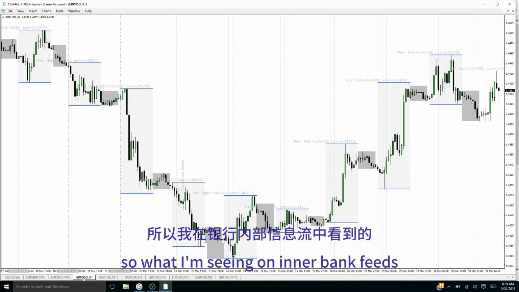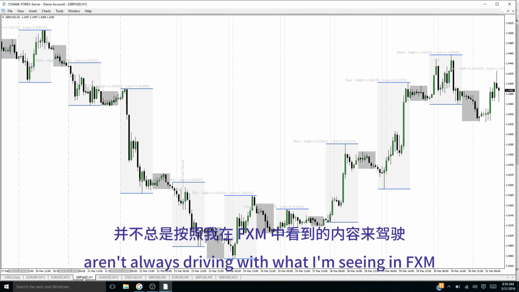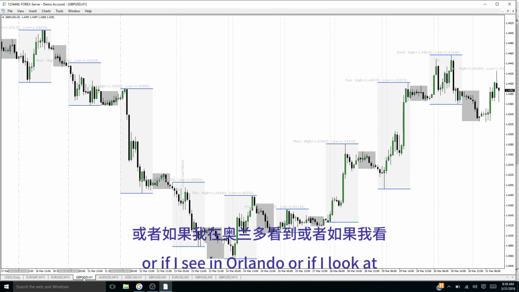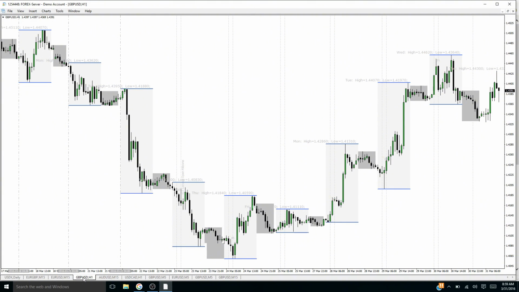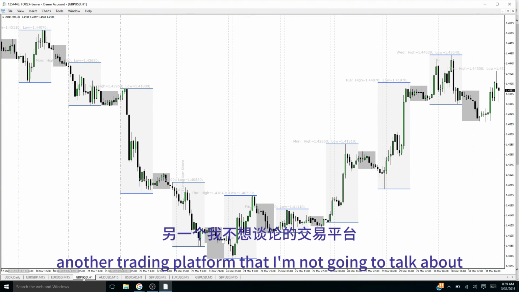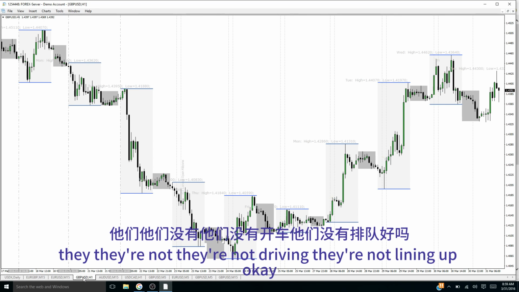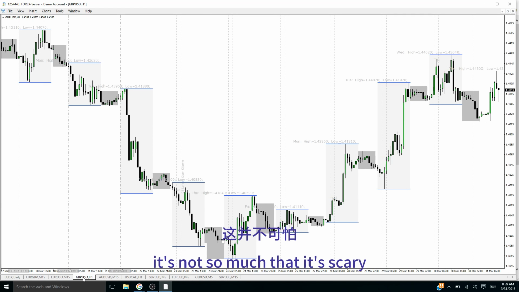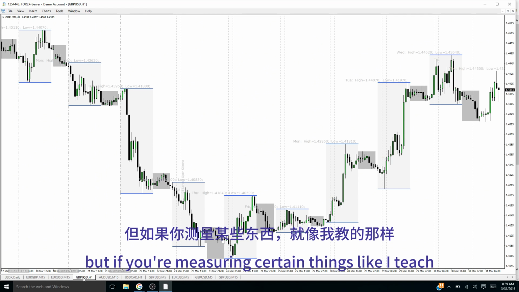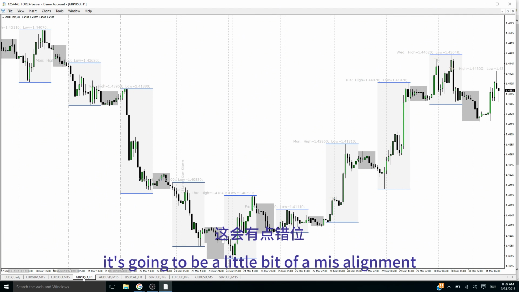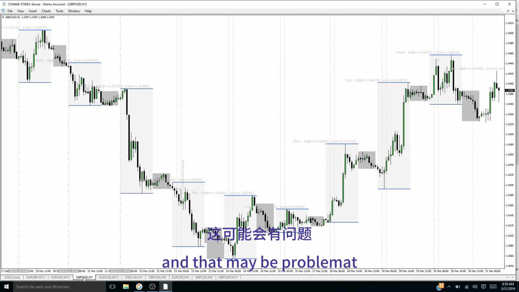So what I'm seeing on the interbank feeds aren't always jiving with what I'm seeing in FXCM, or in Oanda, or on another trading platform that I'm not going to talk about that I'm helping my sister with. They're not lining up. Okay, it's not so much that it's scary, but if you're measuring certain things like I teach, it's going to be a little bit of a misalignment, and that may be problematic.